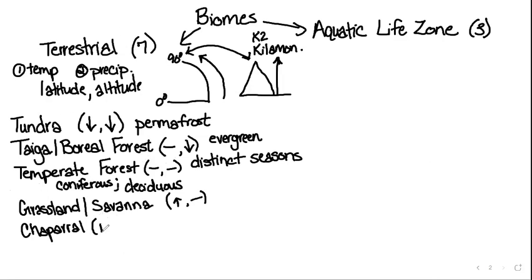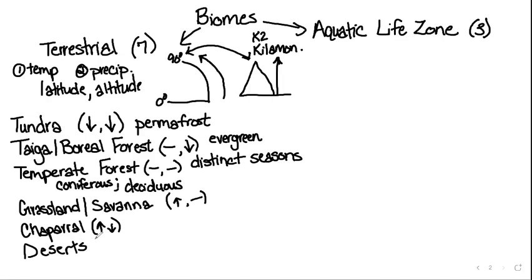And this one is going to have slightly higher temperatures and slightly lower precipitation. This is because chaparral are transitional ecosystems between grasslands, other ecosystems, and deserts.